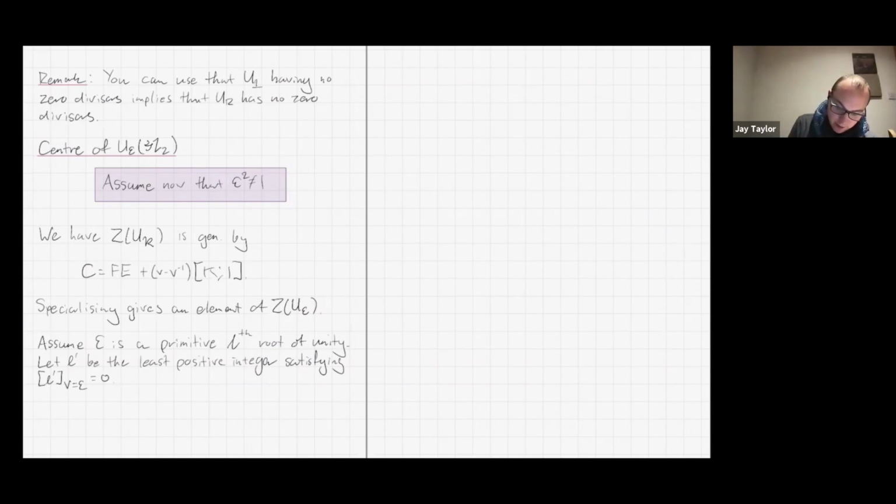It's an exercise to check, and not difficult, that l' is l over 2 if l is even, and l if l is odd.